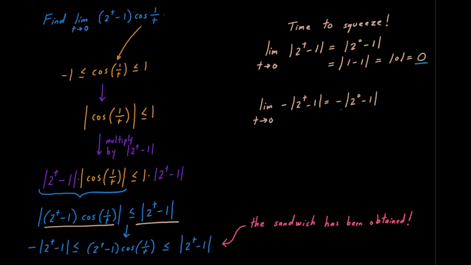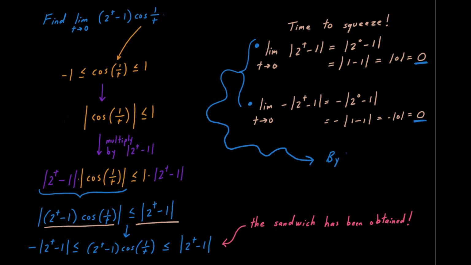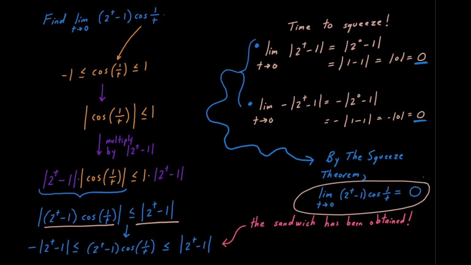The limit as t approaches 0 of the top piece gives you 0, and as t approaches 0 the bottom piece gives you 0 as well. Therefore, if that is to remain a sandwich, no matter how thin it is, the middle piece has to also approach 0 as t approaches 0. There we go. Again, hardly any difference from the previous problem, even though it looks much stranger.